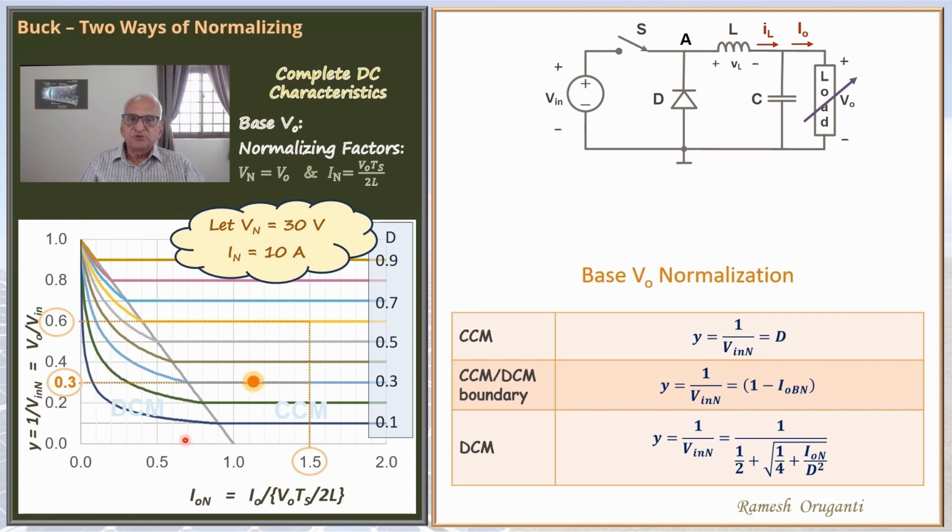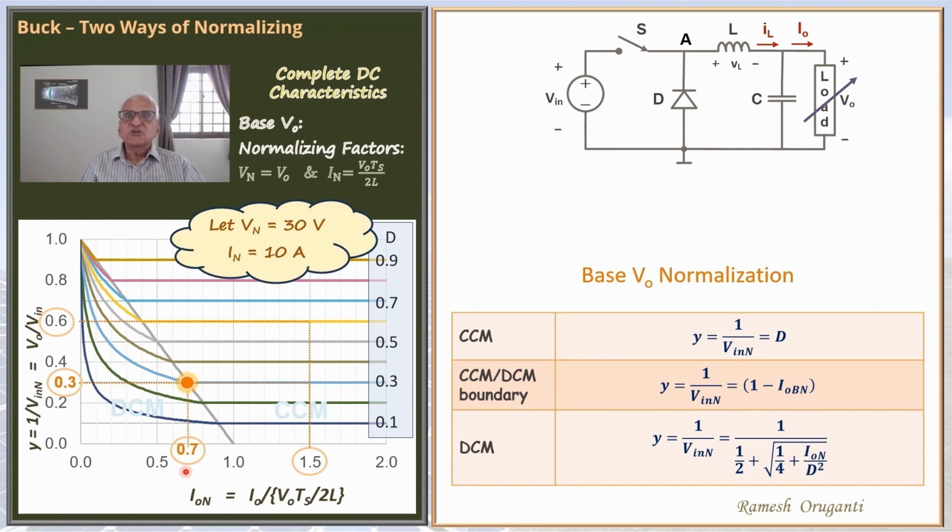So at the boundary, we are keeping the output voltage constant. We have not changed the input voltage. So Y, V0 by Vin, remains the same. The corresponding normalized boundary current is 0.7. The actual boundary current will be 0.7 times 10 amperes. That will be 7 amperes.